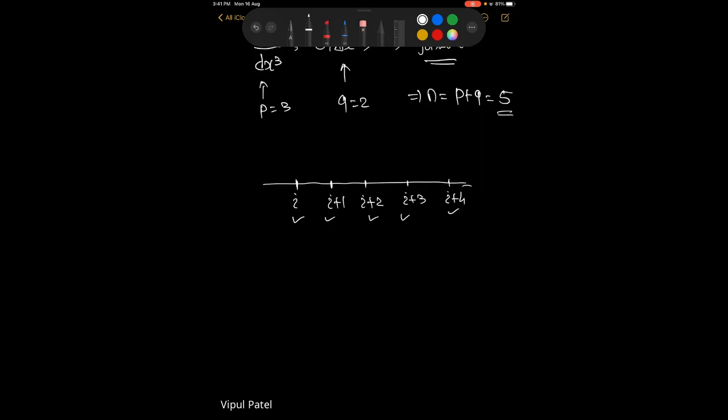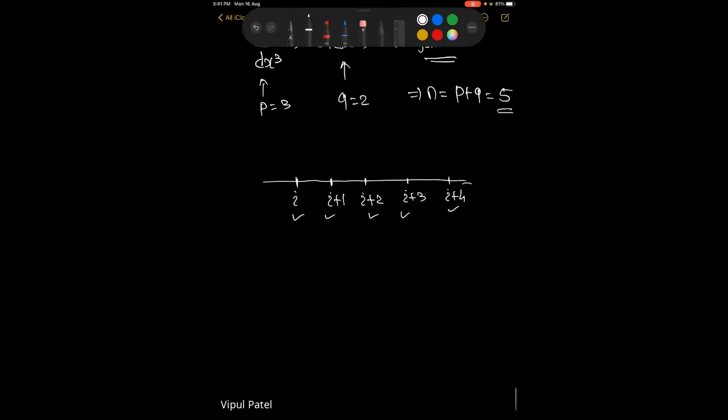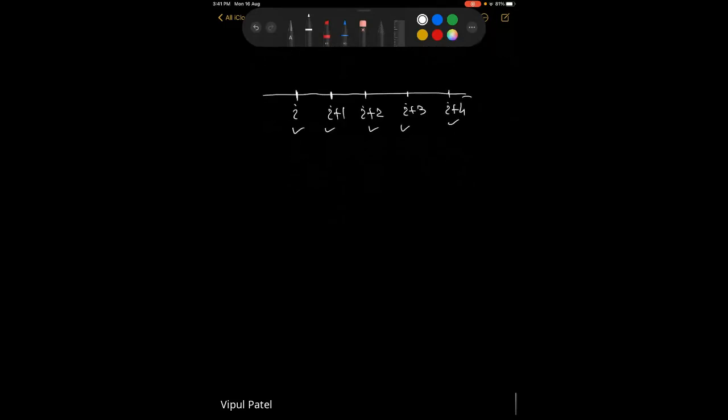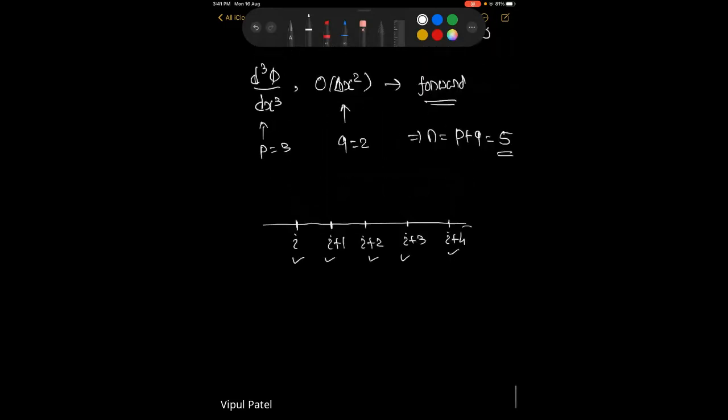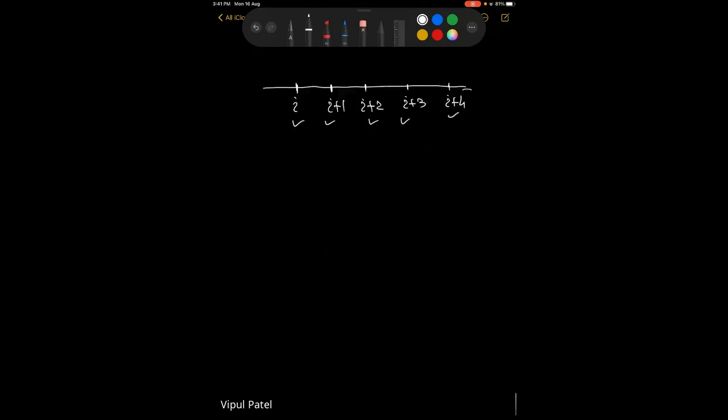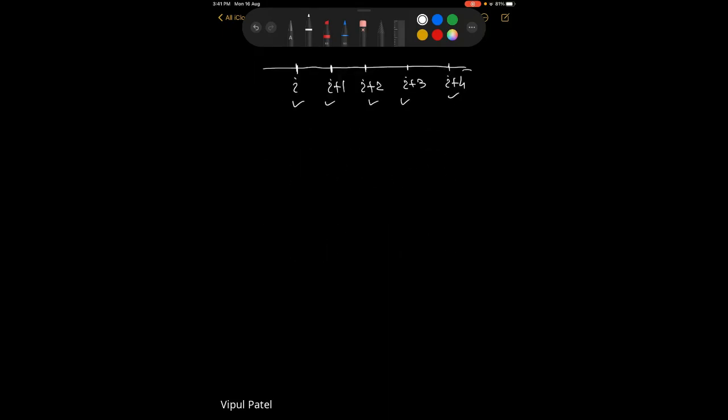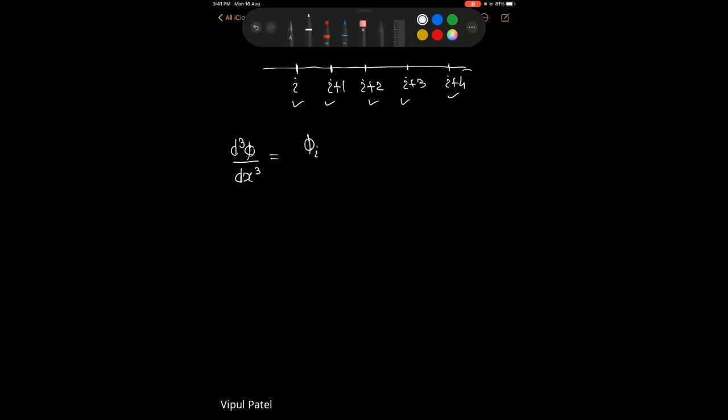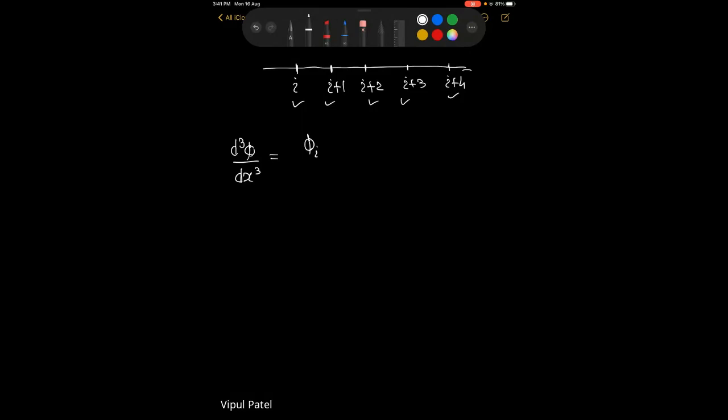Right? So in a rough manner, you can write an approximate formula for d cube phi by dx cube, which is nothing but this particular term, right? In a general way, you can say that my expected formulation could be something like this. That is d cube phi by dx cube is equal to a phi I, but I don't know whether it has a plus sign, negative sign, or some other coefficients involved, right?